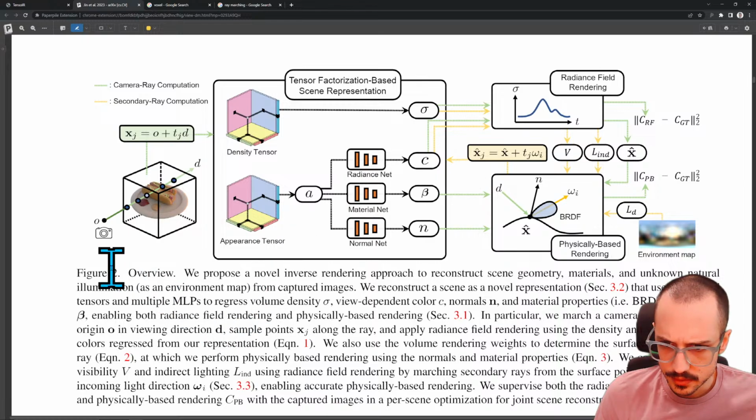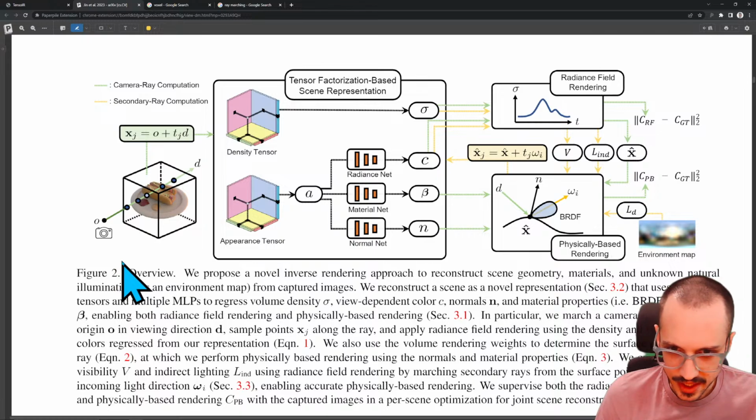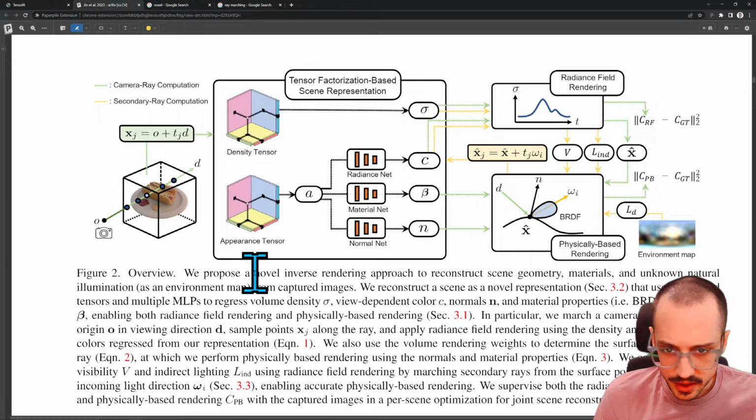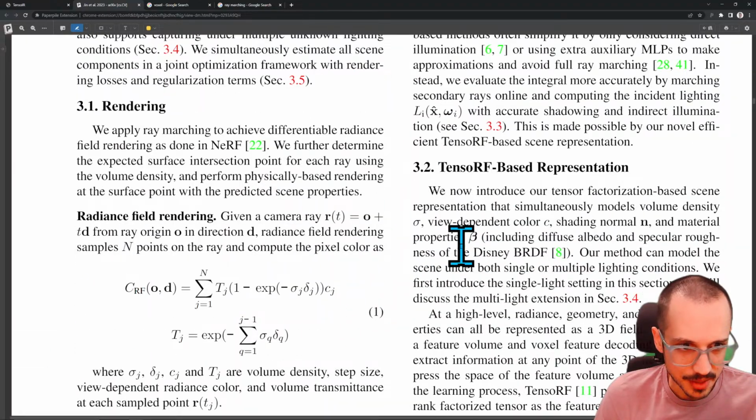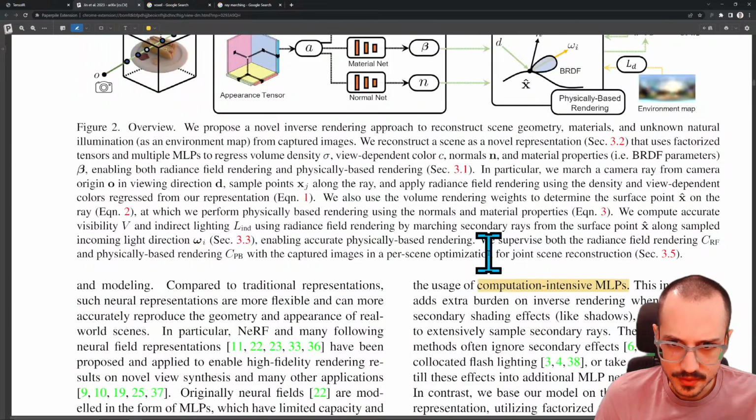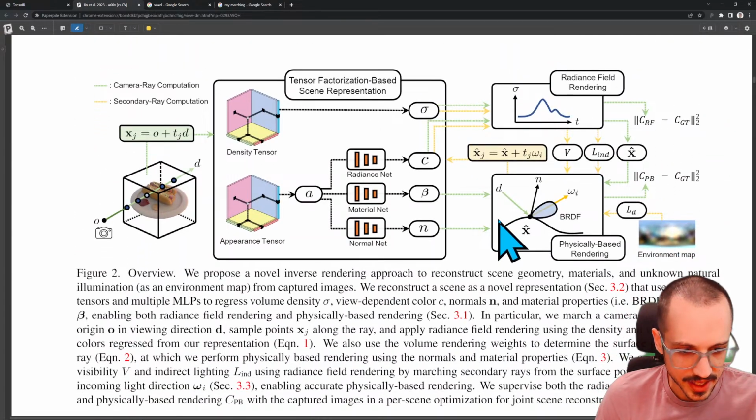So let's look at this. This is the big picture that shows you their entire pipeline here. So we're not going to understand anything because we still haven't even read the actual method paper here, but I think we should be able to get a sense of all the different parts here. So you have here a voxel, right? You have a voxel of space.